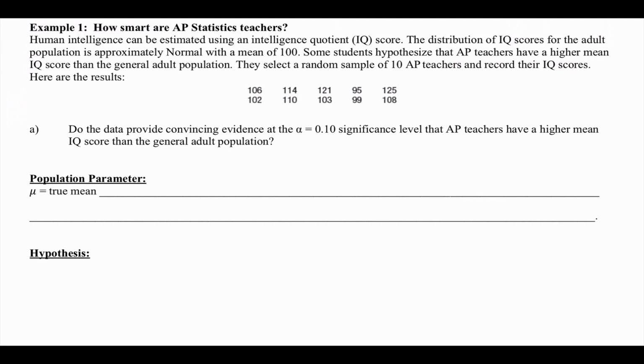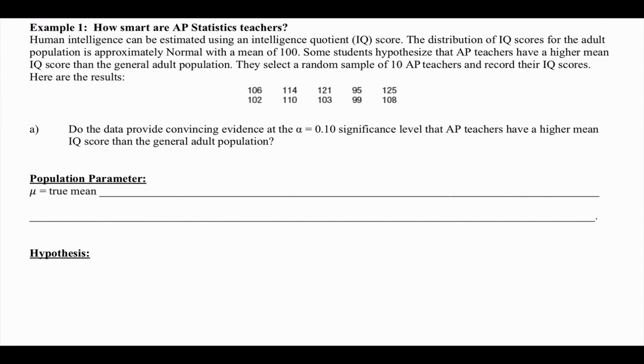Some students hypothesize that AP teachers have a higher mean IQ score than the general adult population. Okay, that's their claim. They select a random sample of 10 AP teachers and record their IQ scores. Okay, here are the results.